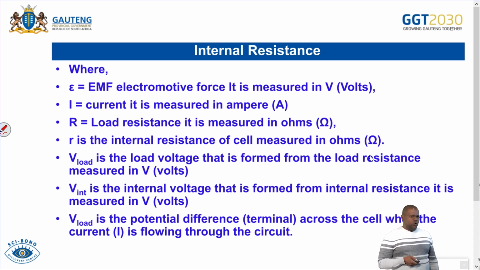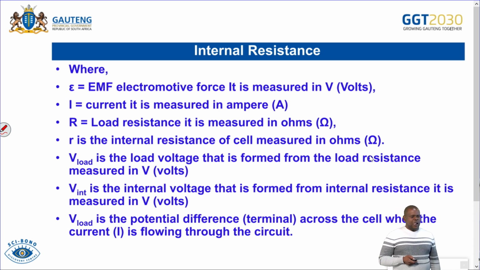Now we have V load, or V external. Are we together? V load is the load voltage that is formed from the load resistance, or the external resistance, and it is measured in volts. Then we have V int, which means the internal voltage that is formed from the internal resistance. It is measured also in volts.